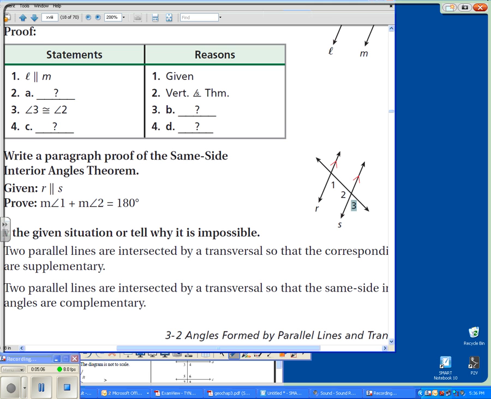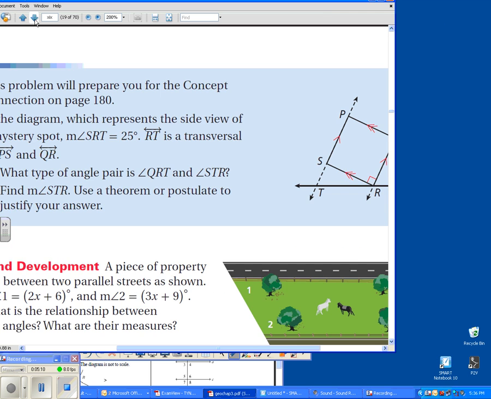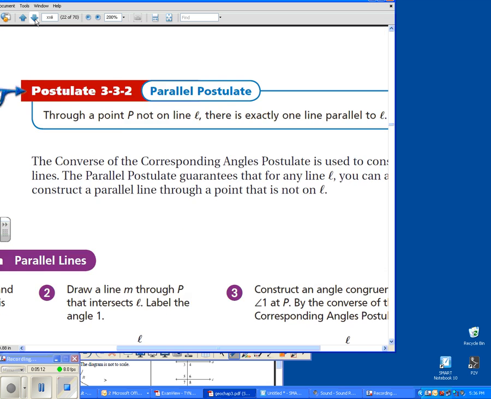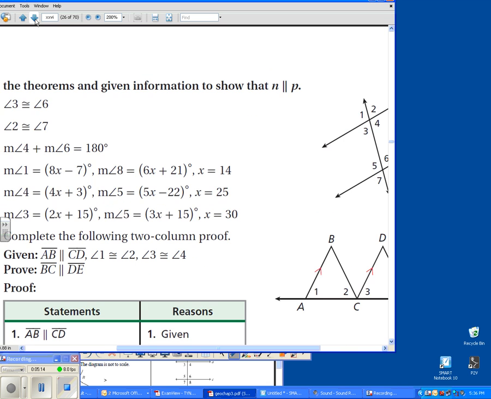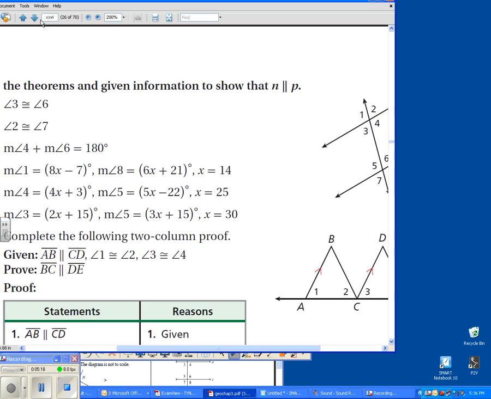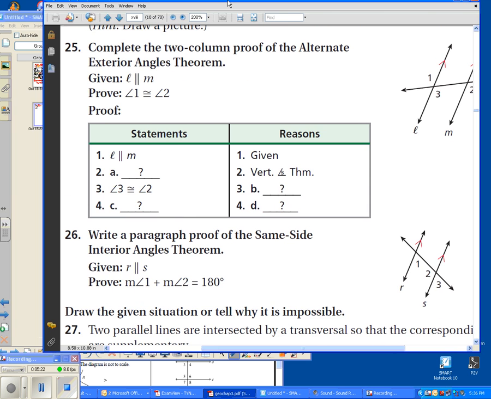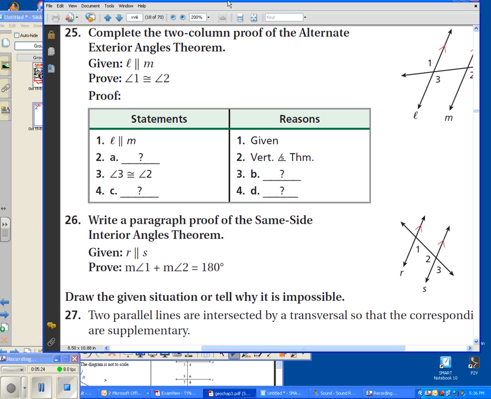So let's see, I'm going to scoot down all the way to 167. Sorry, this might make you a little dizzy. Not my intention, I promise. Okay, 167. Which one did I want? I wanted number 20. Oh gosh, no, I'm sorry.